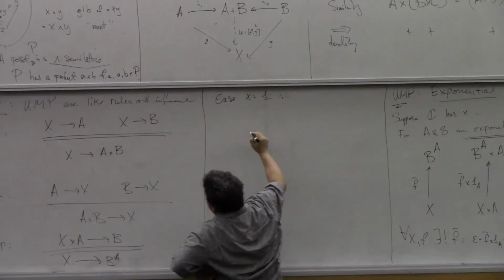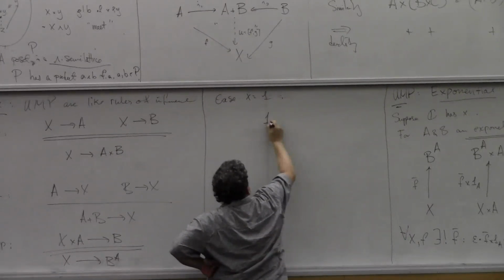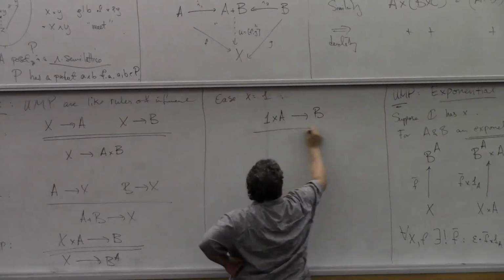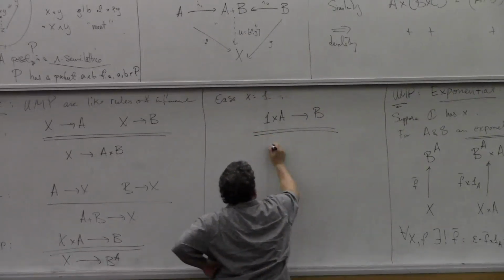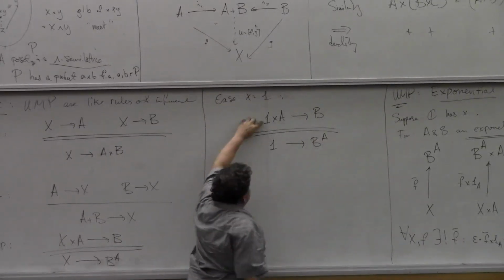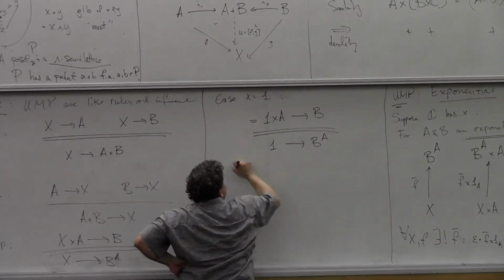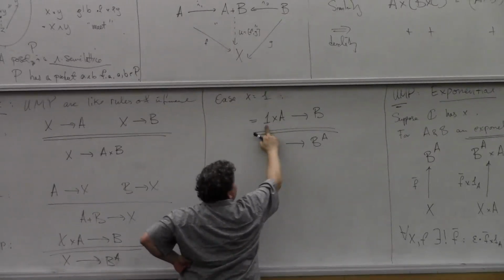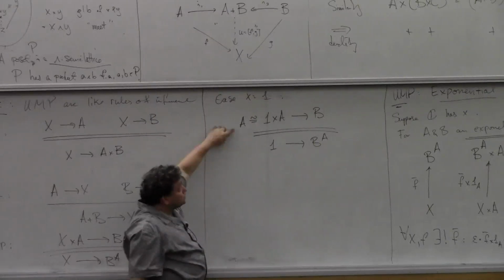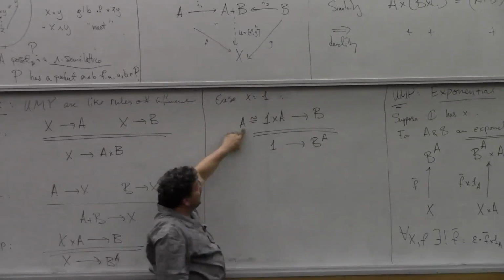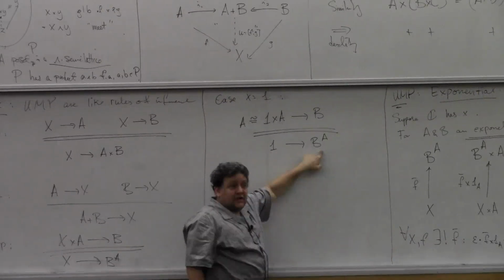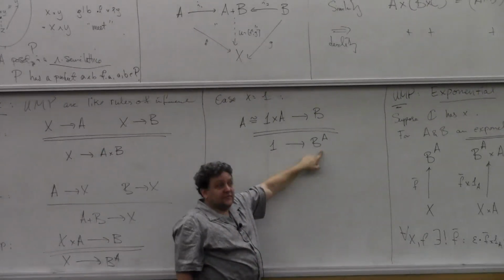Then we have 1 cross A into B corresponds to 1 into B to the A. Now, it's an easy exercise to show that when you have products and a terminal object, this thing is isomorphic to A itself. So this is saying that maps from A to B correspond to points of the exponential, constant elements of the exponential.